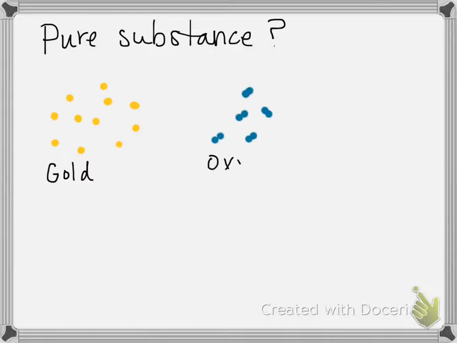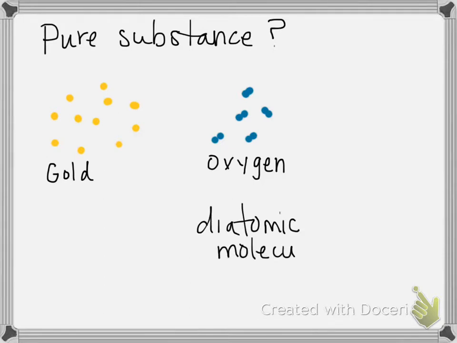Okay, if we had a different type of atom, we might have oxygen with 8 protons in it. Now this oxygen is a little bit different than the gold atom. You can see that there are 2 atoms sticking together. These are called diatomic molecules. Diatomic molecules just mean that 2 of them like to stick together.